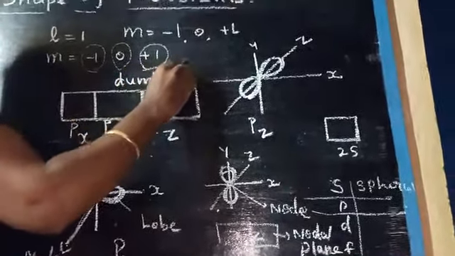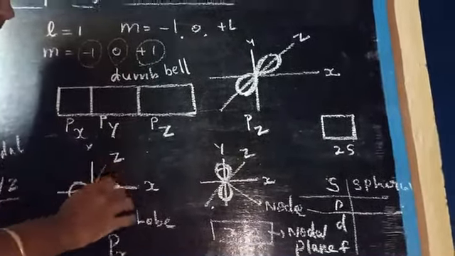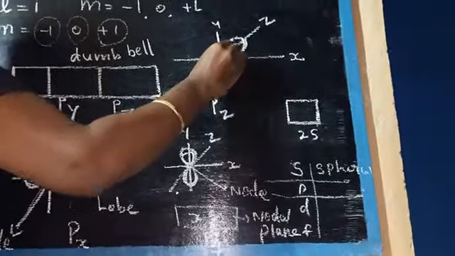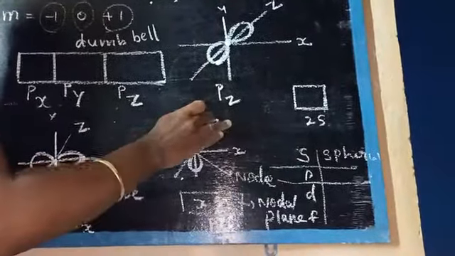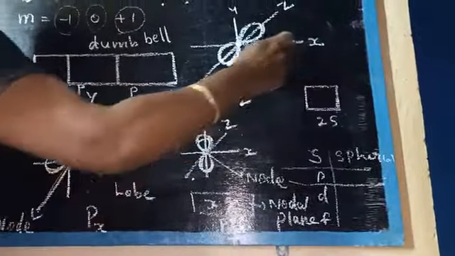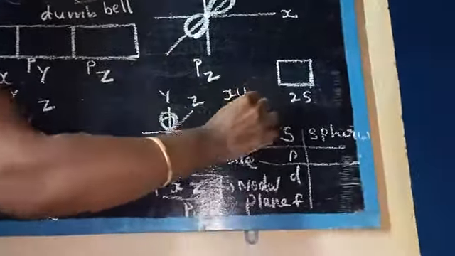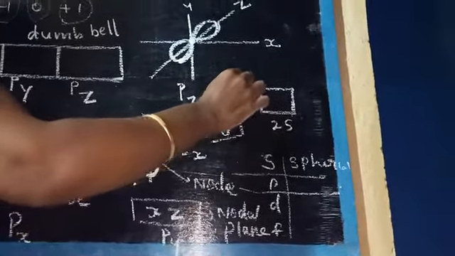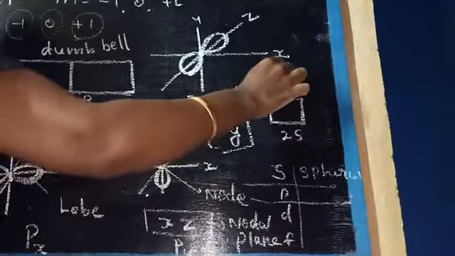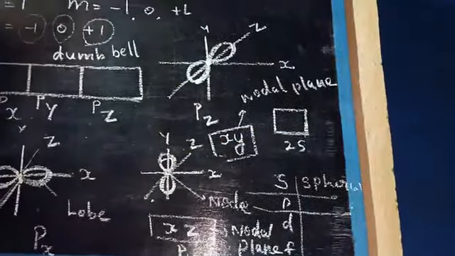D-U-M-B, dumbbell shape looks like that. Here this position is the node or nodal plane. Here the electron is present in z, while in x as well as y the electron is absent. So x and y form the nodal plane for the pz orbital.